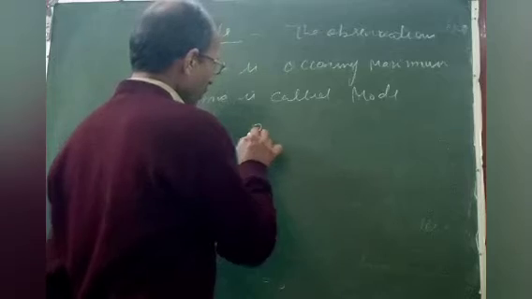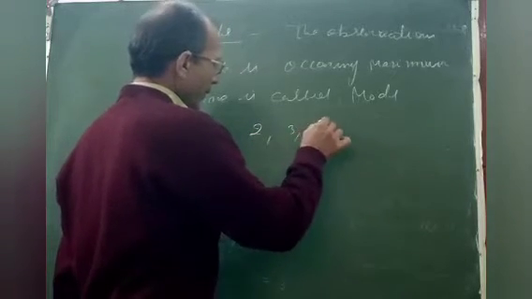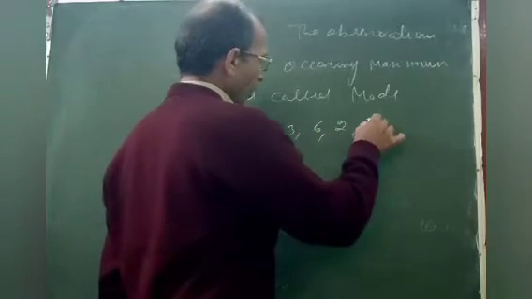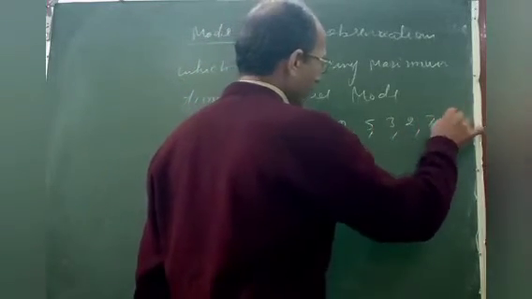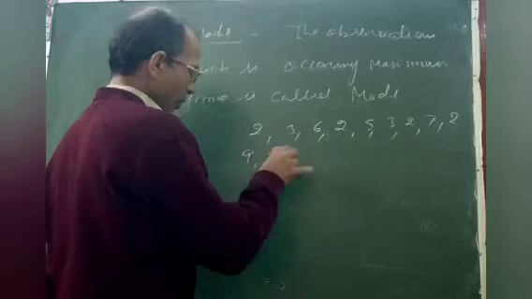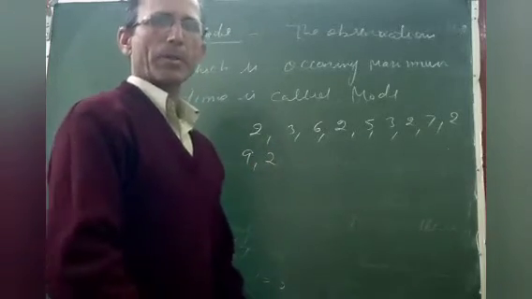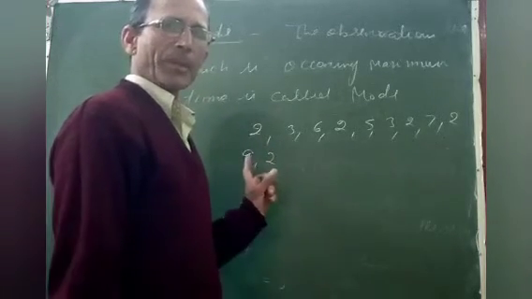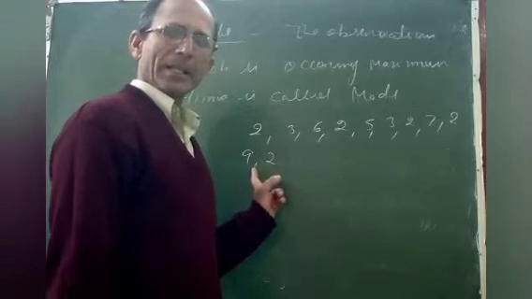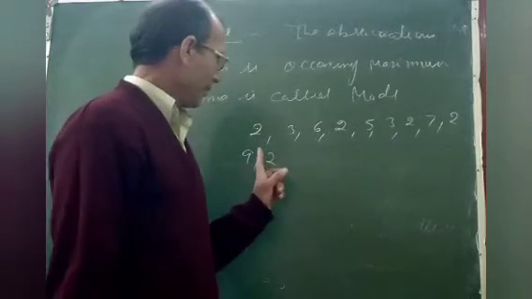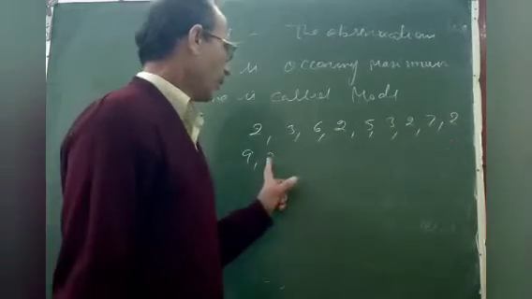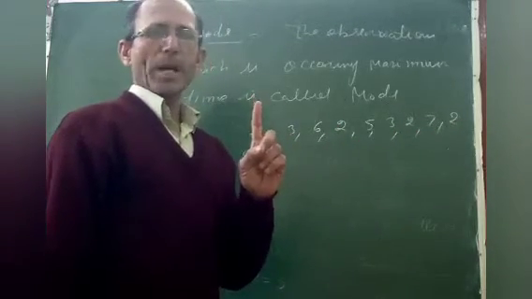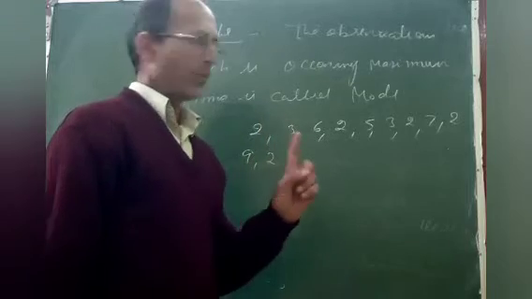For example, 2, 3, 6, 2, 5, 3, 2, 7, 2, 9, 2. These are ungrouped data. Now see which observation is repeating, coming the maximum number of times. 1, 2, 3, 4, 5. 2 is there 5 times.